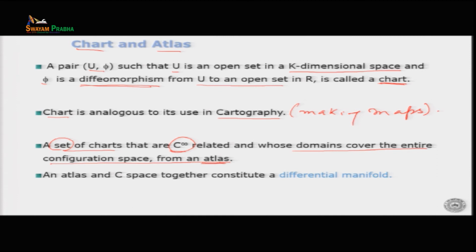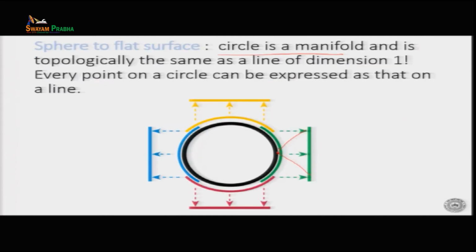So, at one point we extend it and make it into a map. This is a chart. Now, when everything is covered, all the points are covered and they are continuous, then we say that this forms an atlas. It is the same term that is used in cartography, or making maps. So, chart and atlas.